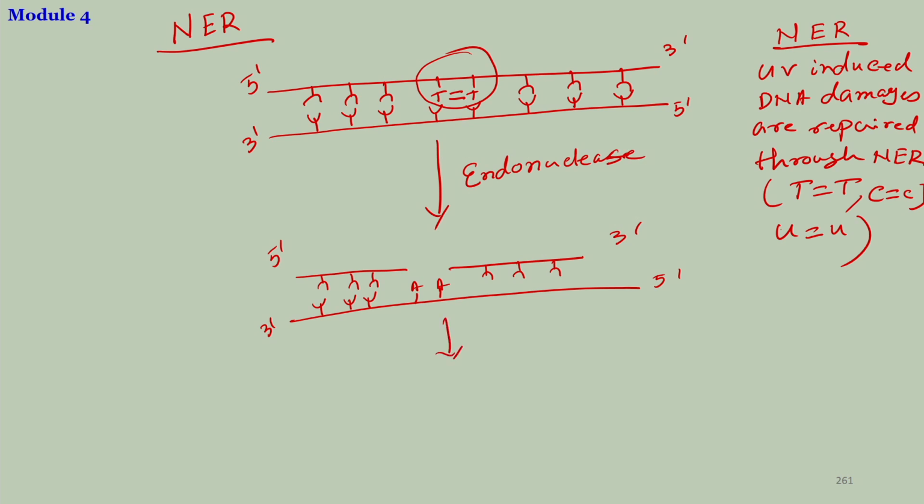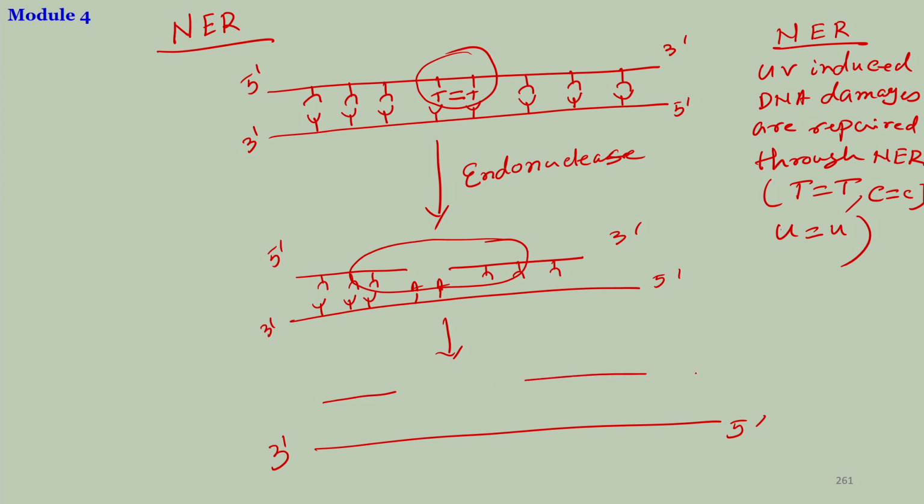And then again, just like the other surgery we have seen, it does not take a risk, it removes a certain part of the sequence just to make sure nothing else has been infected. Five prime. So, you have a gap here that is created, 5 prime, 3 prime.